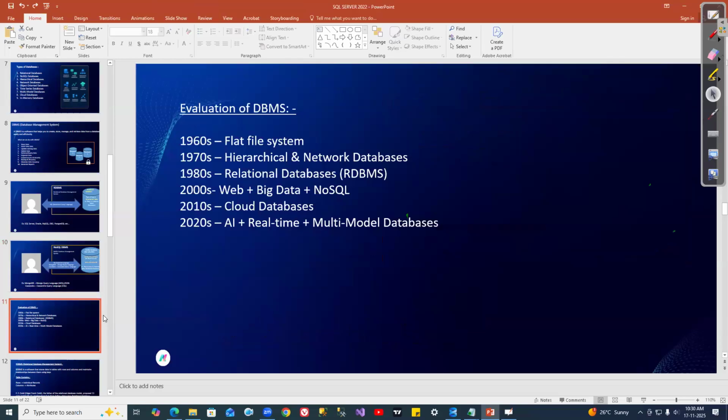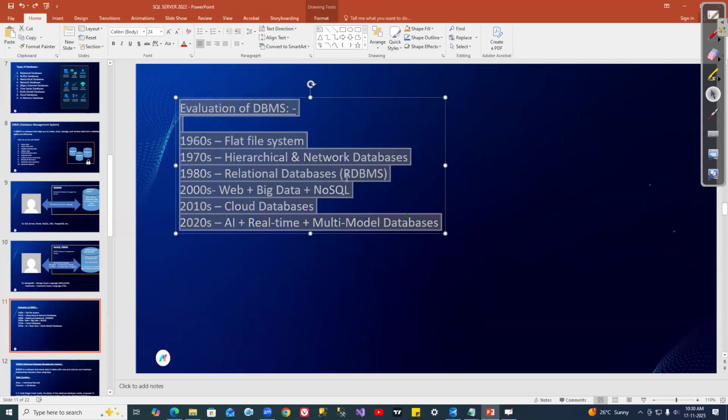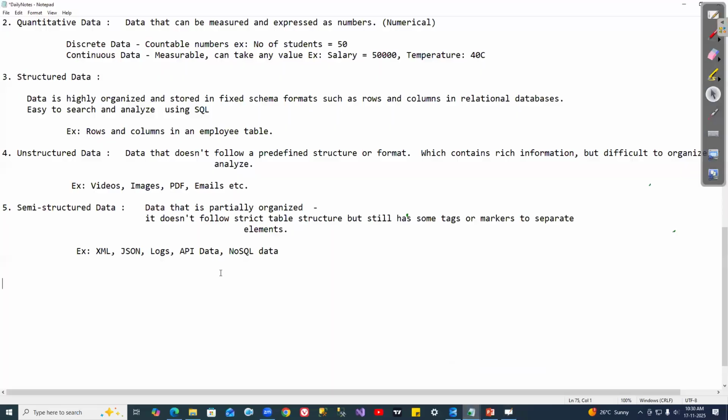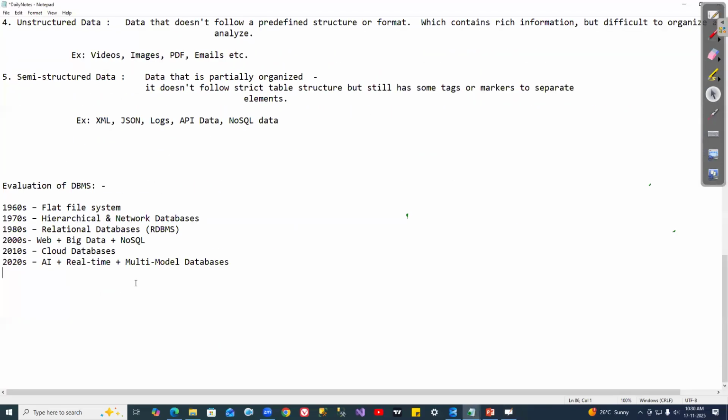Okay, next one, evolution of database management system. In the 1960s, the flat file system was introduced for the first time.